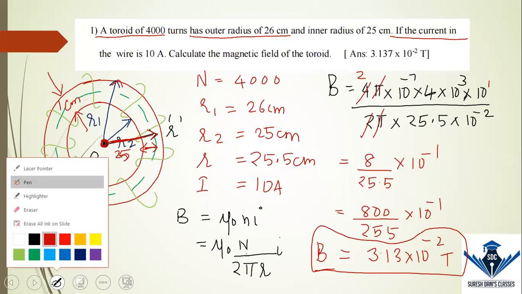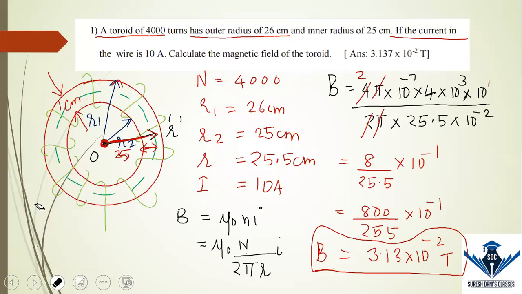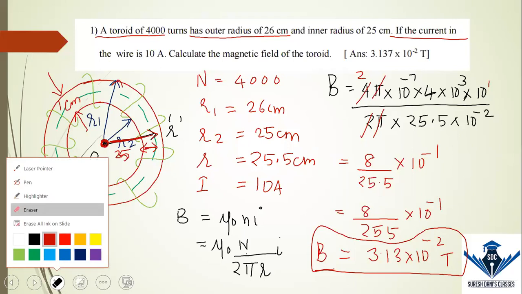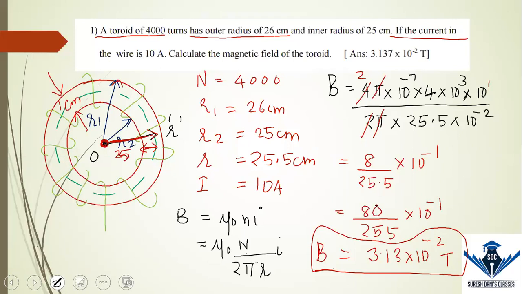And this will become... yeah, so this is 80, but that doesn't change the answer. The answer is correct. I've just substituted here by mistake. The answer is the same.